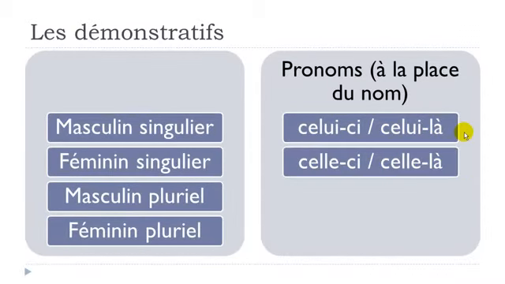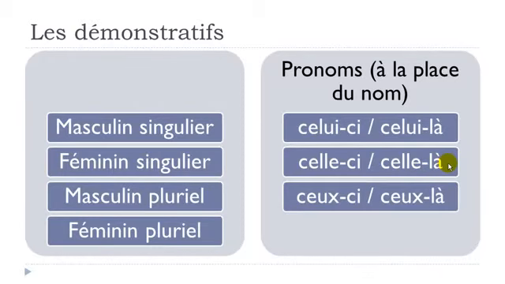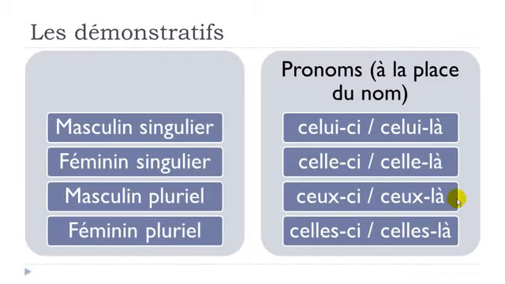Same thing with the feminine form, celle-ci, celle-là. And then for the masculine plural, ceux-ci. Remember the final X is not pronounced, so you get the sound ce, ceux-ci, and then ceux-là. Feminine plural, celles-ci. Don't pronounce the final S, celles-ci, celles-là.